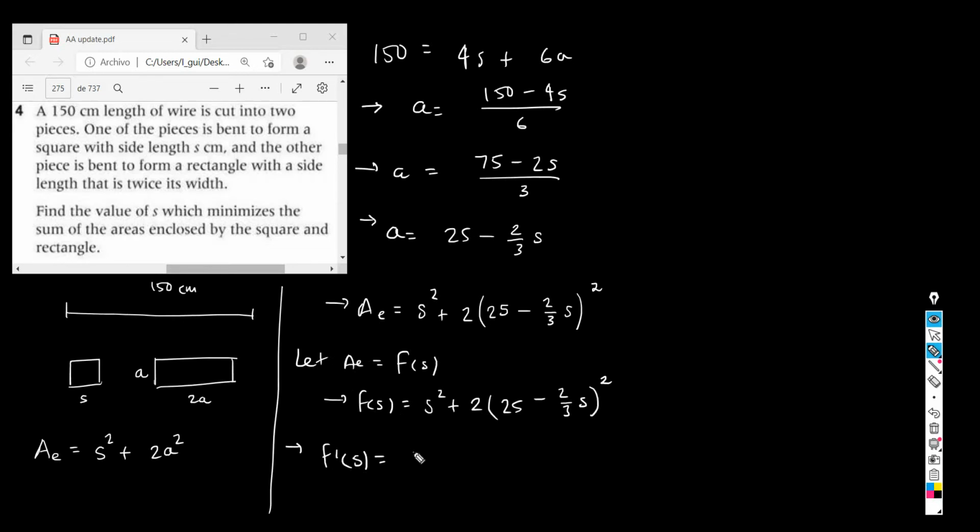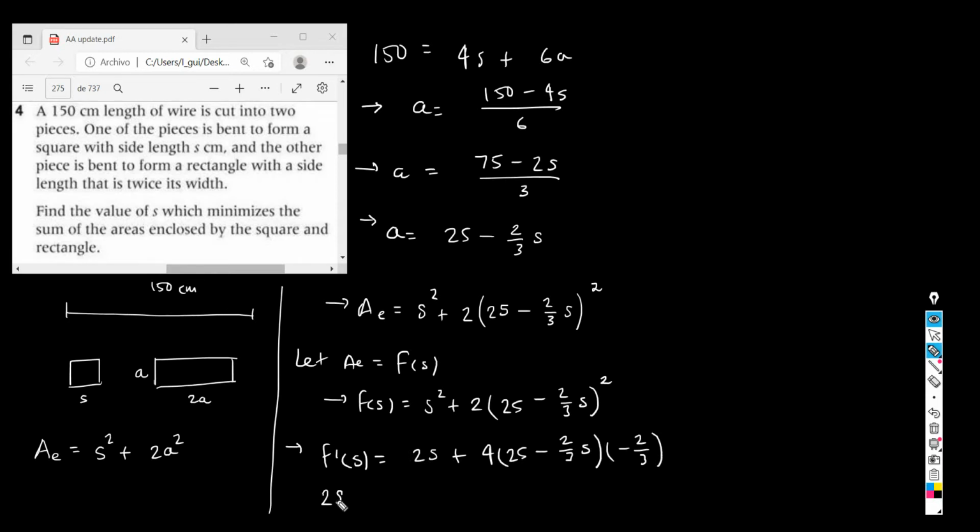F prime of S is 2S plus... make this on your own please, I'm not going to do it for you. I'm using the chain rule in here for this part. There you go. And then we have to make this equal to 0.